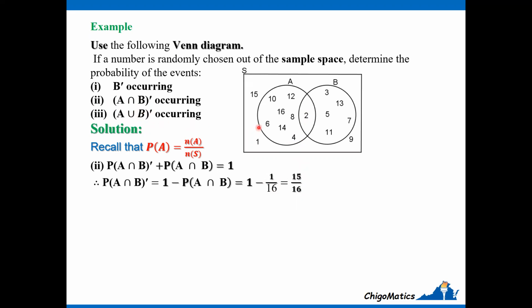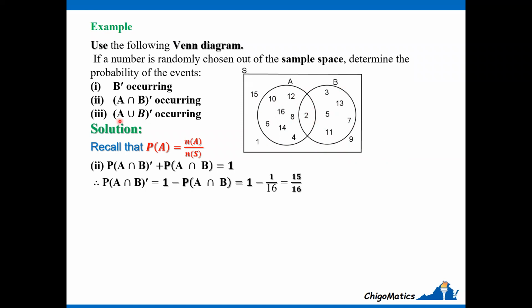That means the union would mean I'm adding what is in A and what is in B. Then I want what is not in the addition of the two sets, which will mean the elements 15, 1, and 9. Those are the only 3 elements that are not in the union of these two sets.